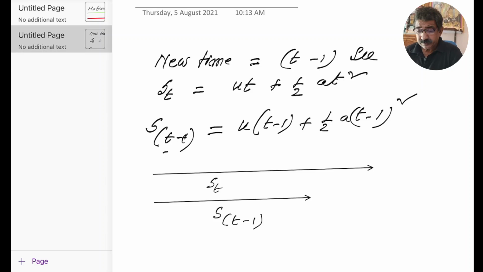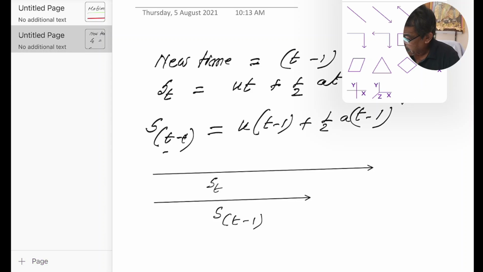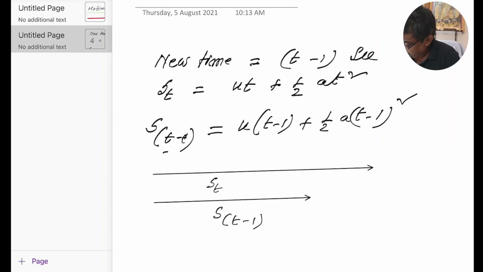Now if we draw this distance like this, this distance is equal to d, or we can denote it by d.